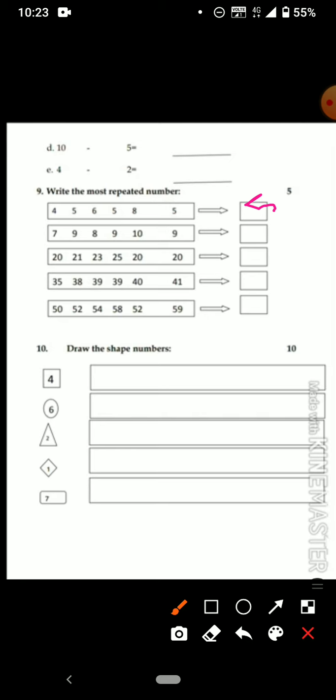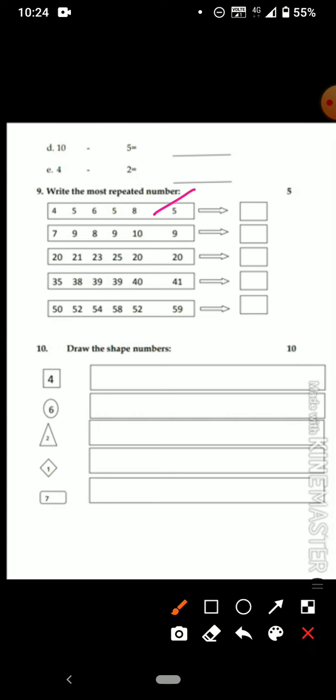Here 9. Here 20. Here 39. Here 52. These are the answers. At last they have given only 2 times. For the first one 5 is the answer, next 9 is the answer, next 20 is the answer, etcetera.